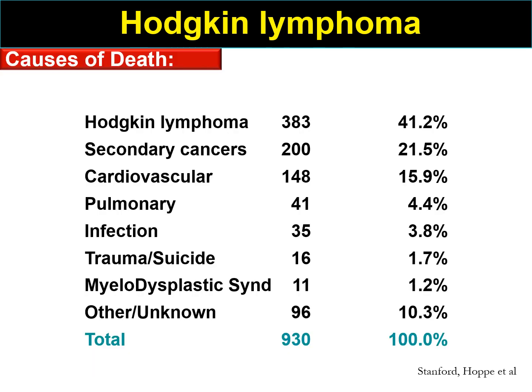Stanford and Hope studied a series of Hodgkin lymphoma and determined the cause of death. The Hodgkin lymphoma per se is the cause of death in 41.2% of the cases, while development of secondary cancer due to radiotherapy and chemotherapy was the cause of death in 21% of the cases.